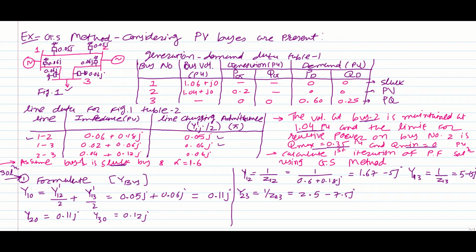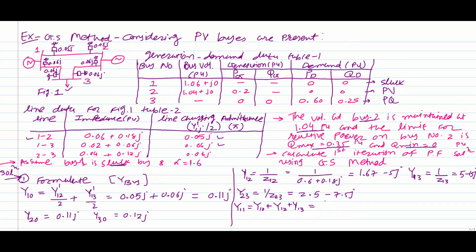Now, after calculating all the parameters, the next step is we need to calculate the diagonal elements of the bus admittance matrix. So Y11 is equal to Y10, that is the total shunt admittance at bus number 1, plus Y12 plus Y13.